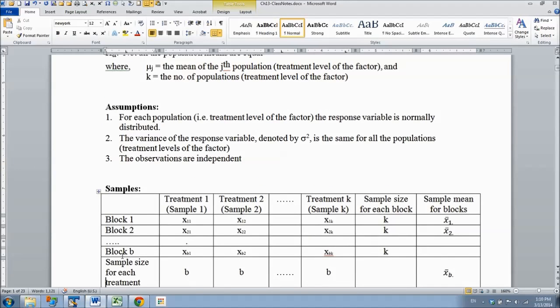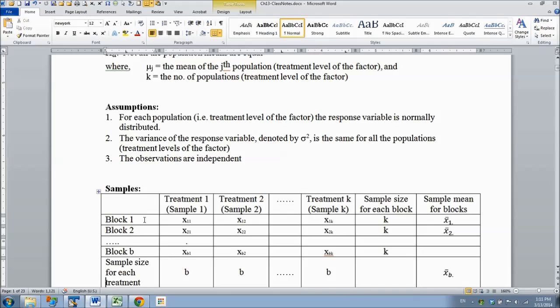Take samples, and here we have treatments 1 through k, and in the block level we have exactly the same number of blocks for each treatment. So if it is cows, it will be cow 1, cow 2 and so on. If it is items in the retail stores, it will be item 1, item 2 and so on.